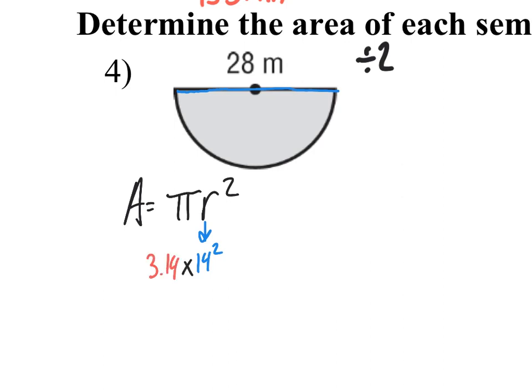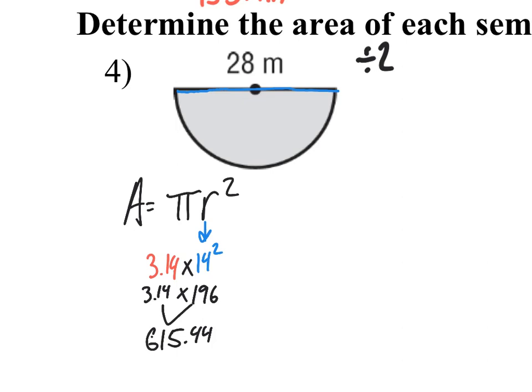Multiply these two. So I'm going to go ahead and work this out right here. I do 14 squared, so 14 times 14 comes out to 196. And we do that times 3.14. And multiplying these two, I get 615.44.